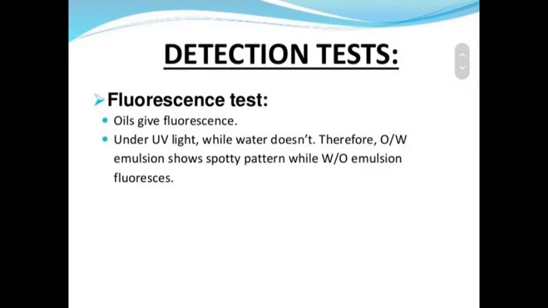And if droplets are indicated by the fluorescence, that is UV radiation, then oil is the dispersed phase. In which emulsion is oil the dispersed phase? In O/W, because in O/W water is the continuous phase, right? So if the fluorescence indicates oil is the dispersed phase, then this type of emulsion is O/W. So this is about the fluorescence test, in which fluorescence gives an idea about the dispersed and continuous phase.